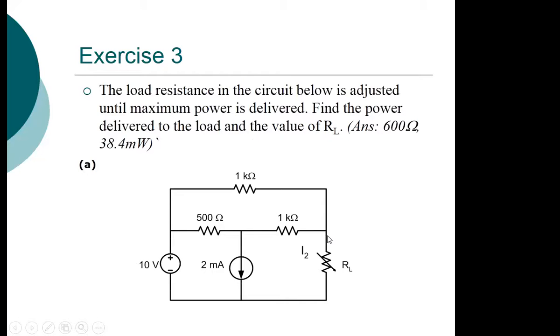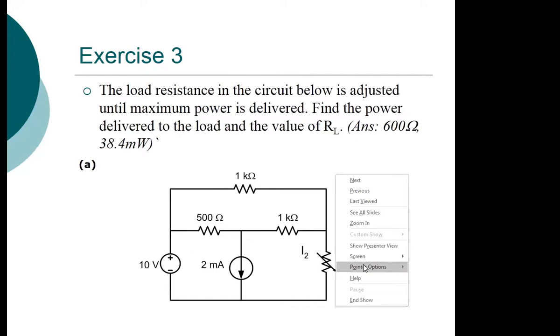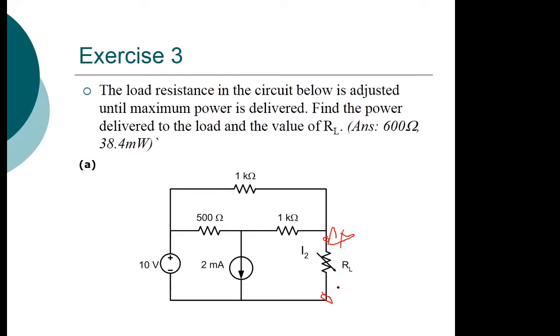So what you have to do is notice the section where we have to find Thevenin's equivalent circuit, right? So it means our load is here. So this becomes our terminal A and terminal B, right?